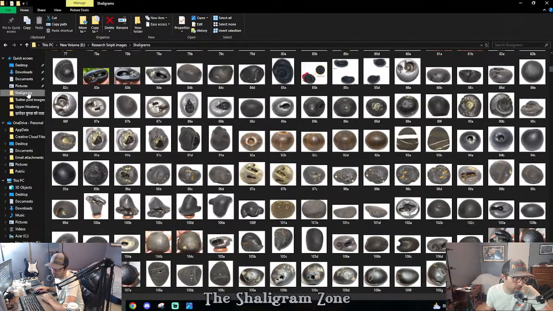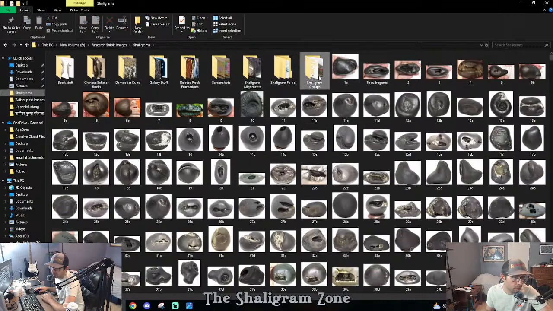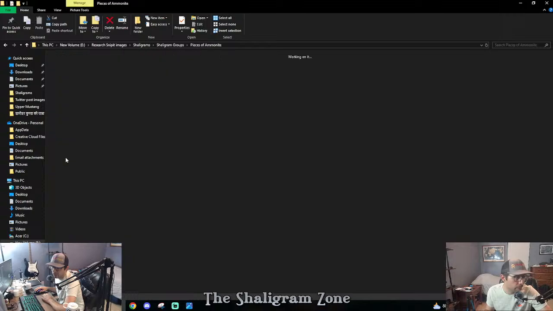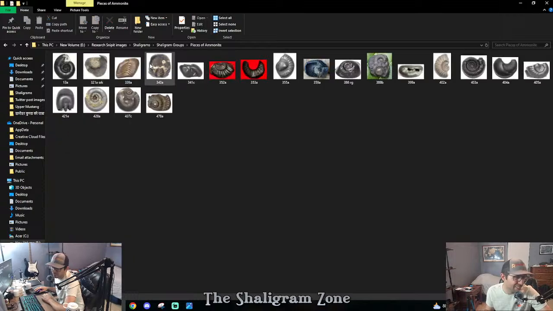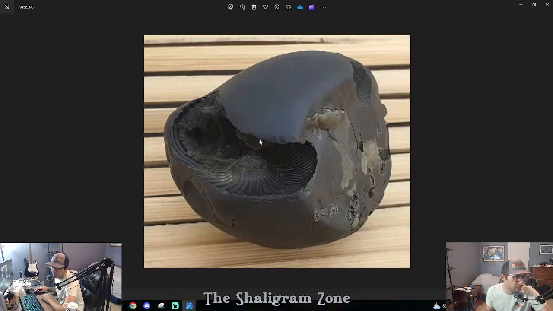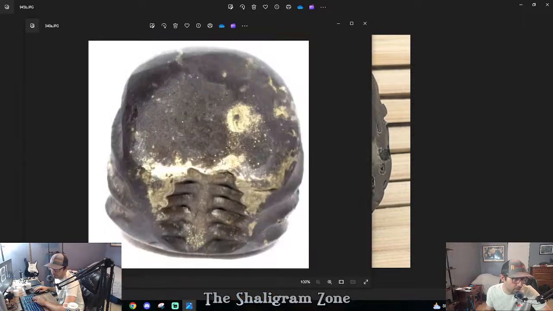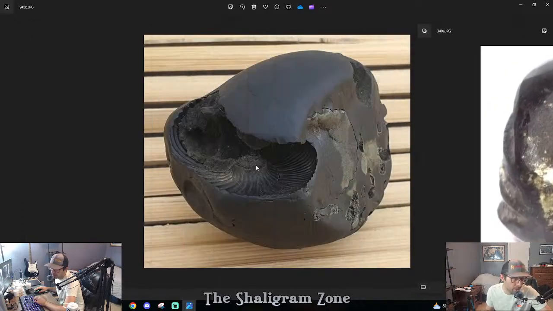I guess I can just go to pieces like this. Like a piece that naturally had a location that was a little nook that it then actually eroded into an ammonite.